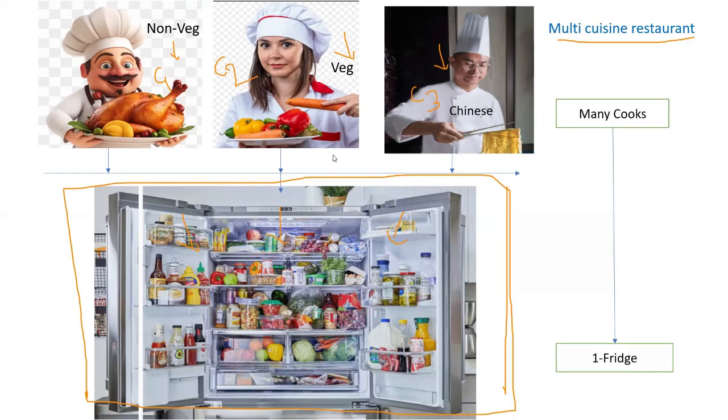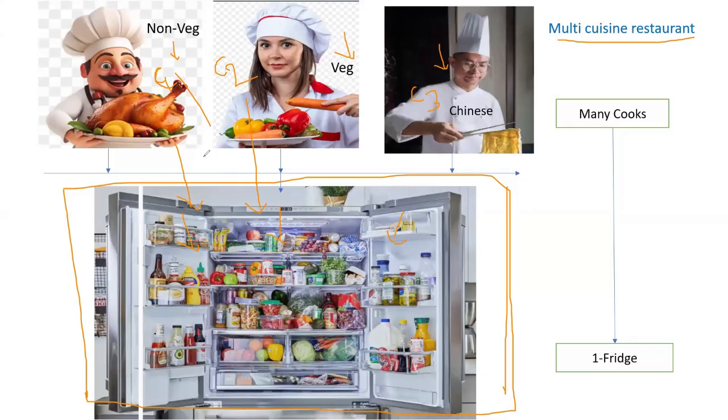When two orders come at a time, for example, a non-veg order and a veg order, both people will go to the same storage layer, the fridge, to pick the wanted cooking items.